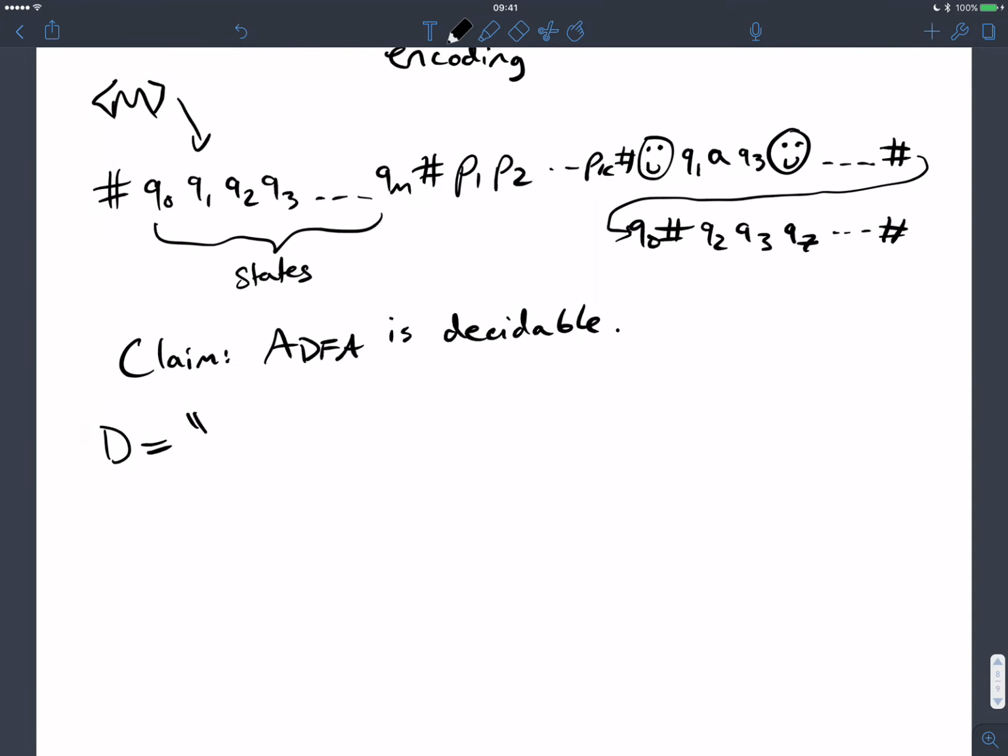D is the name of the decider that I'm going to make. It's going to be presented some input of the form M, W as an encoding, maybe not. So let's say it has on input M, W, where M is a DFA and W is a string.